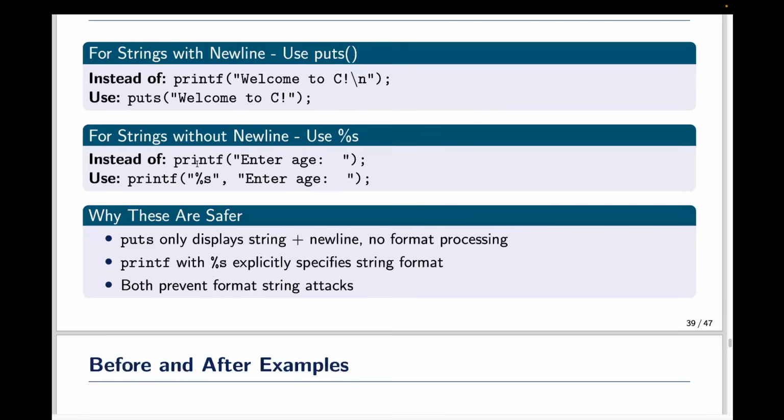Next, if you have a string where you do not want a new line, then you have to use the printf statement. And in that printf statement, instead of just writing "Enter age", you write the format specifier percentage s inside double quotes, and after the comma you write "Enter age". The format specifier tells you a string is coming in, and after the comma, in double quotes, is the string, Enter age.